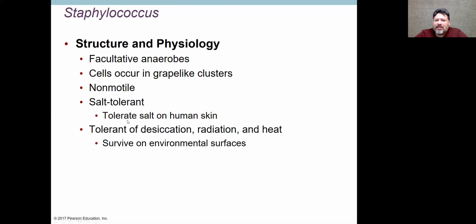It is salt tolerant, and the reason it is salt tolerant is because our sweat is rich in salt. So consequently, this gram-positive organism is not susceptible to osmotic pressures. This is important because this is one of the labs that I just updated today.